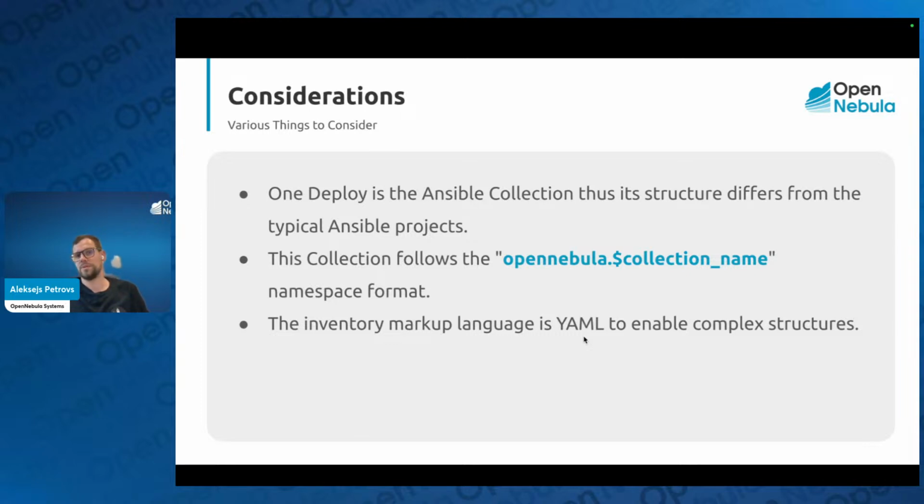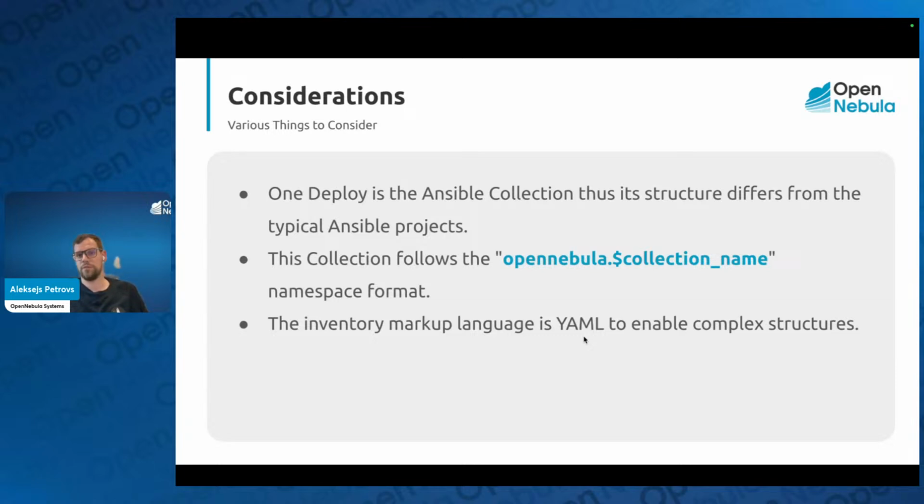So OneDeploy is an Ansible collection. It's not just a bunch of stuff; it's actually a very structured Ansible collection. If you look around at some other Ansible projects, their structure might be different because OneDeploy is an Ansible collection, and that's actually how you also install it, using the ansible-galaxy collection command line.